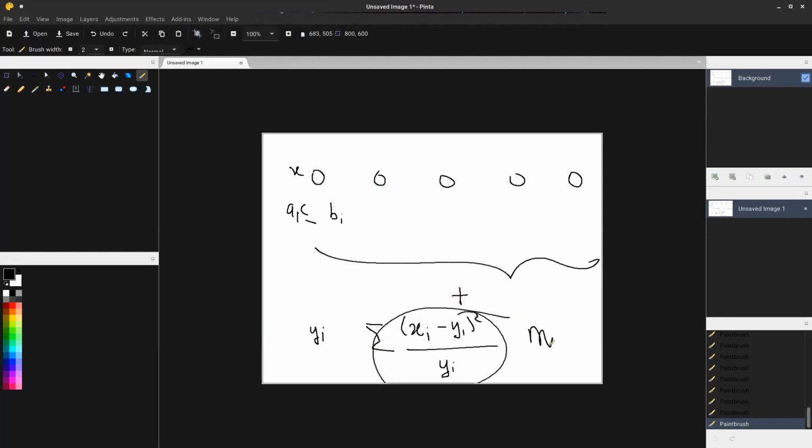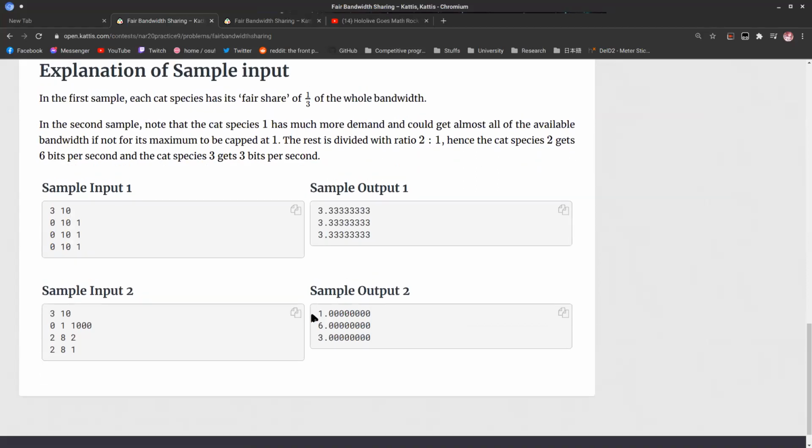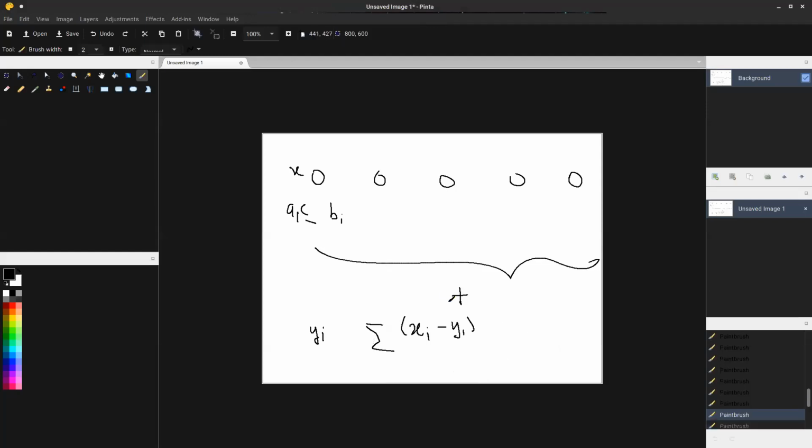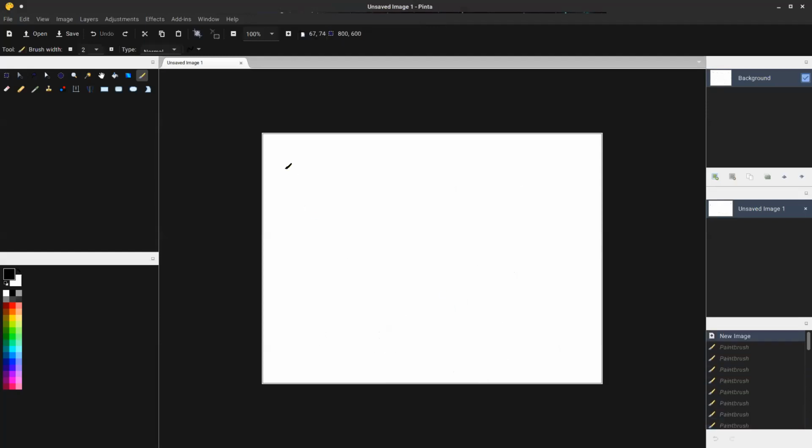The issue with this problem is that the answer is a double. It's not an integer, but a real value. I will address this later and say why that is the case. But first of all, let's try to expand this.